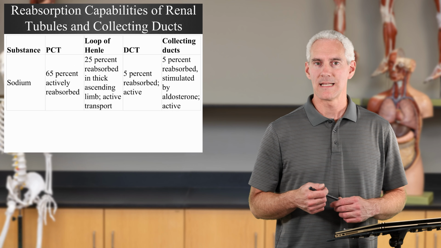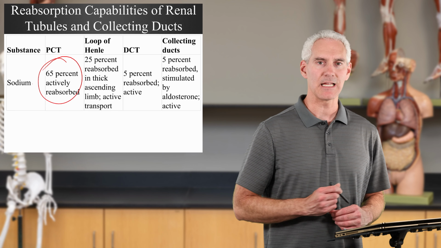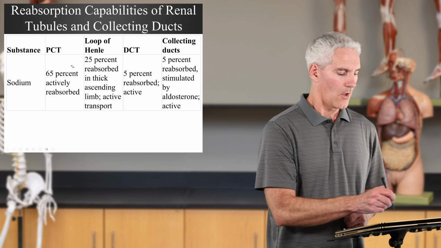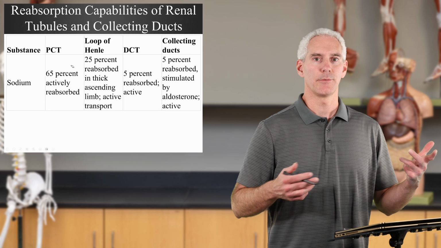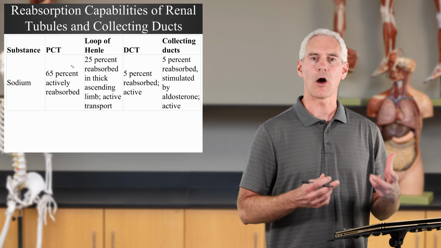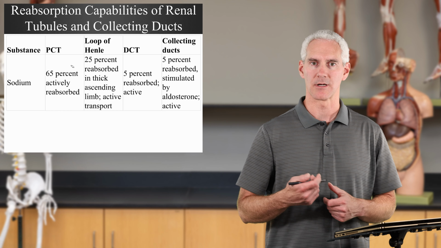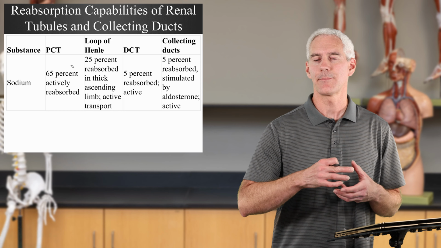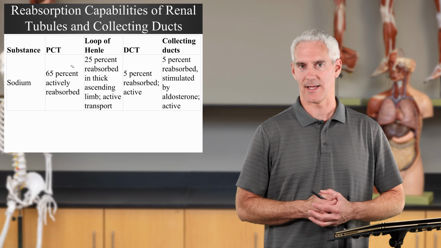Sodium. In the case of sodium, we're looking at about 2/3 in the proximal convoluted tubule. But the other three parts, loop of Henle, distal convoluted tubule, even the collecting ducts, are all still working with sodium to make sure everything's balanced properly. Because remember, sodium sets up a lot of the other movement of ions.